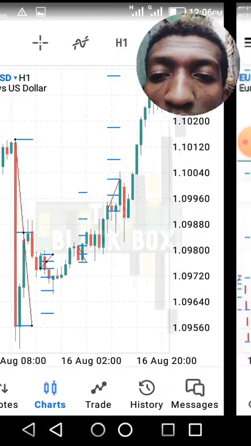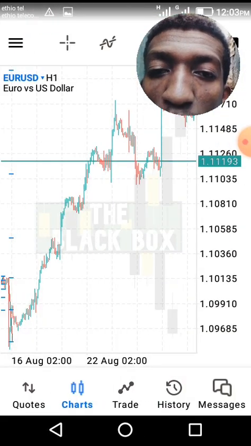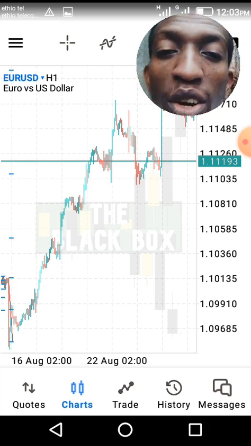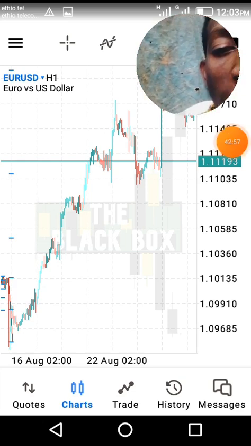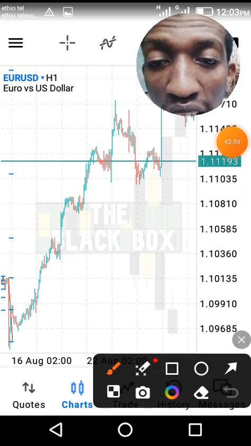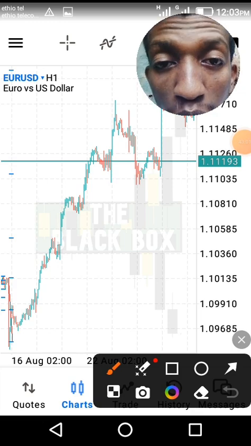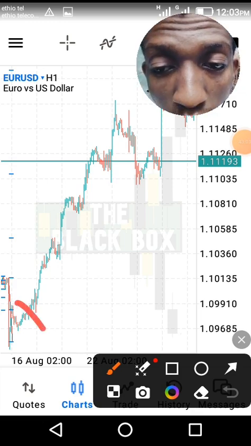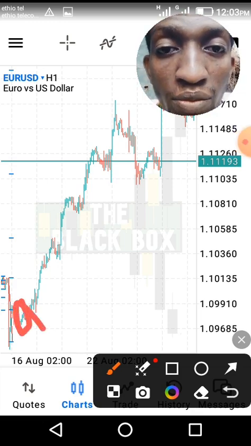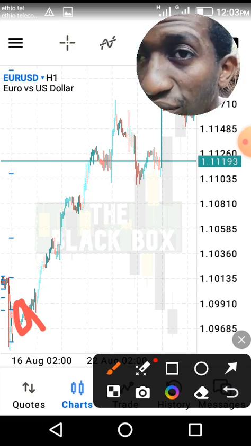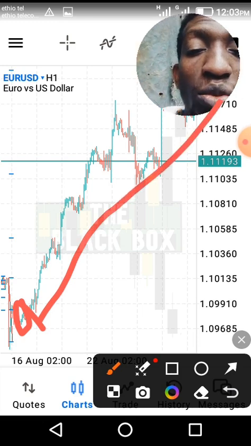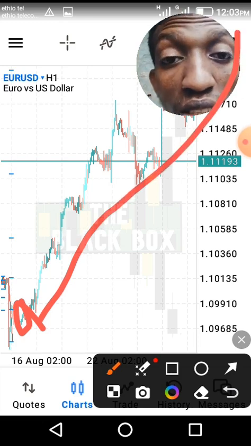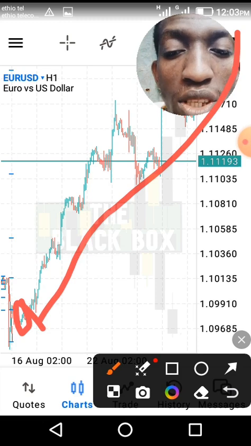In the next video, I'll show you this horrendous price move, ridiculous price move. I for myself missed pound dollar from the bottom. I bought it from the bottom of the trade on a real account, on a live account, and it went just like this one. It reaches the sky.